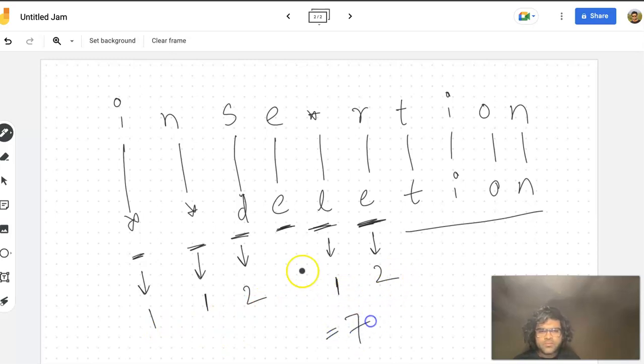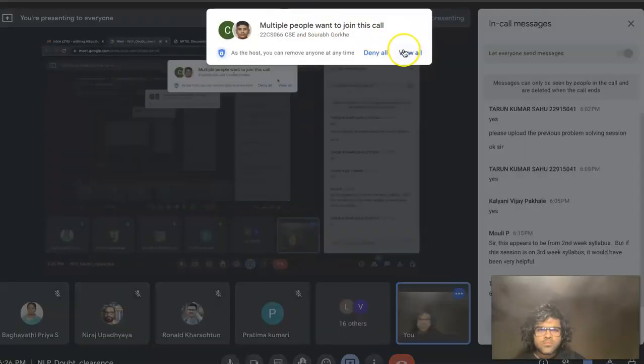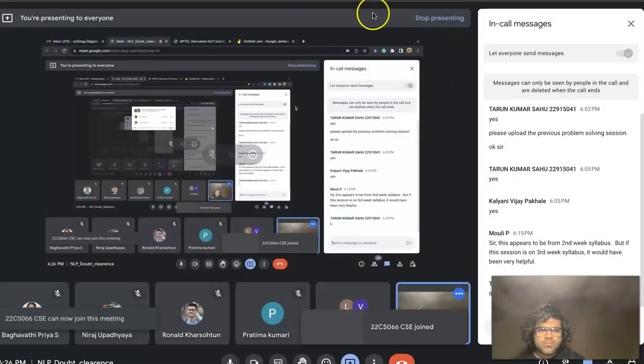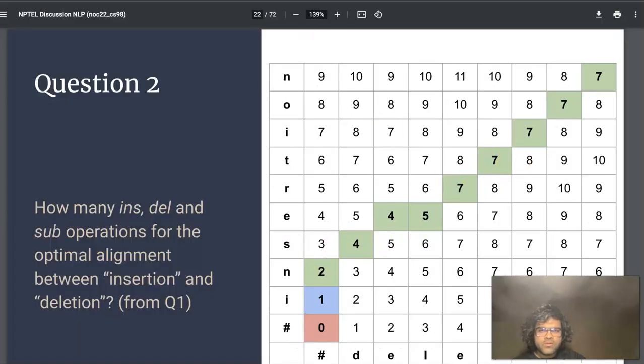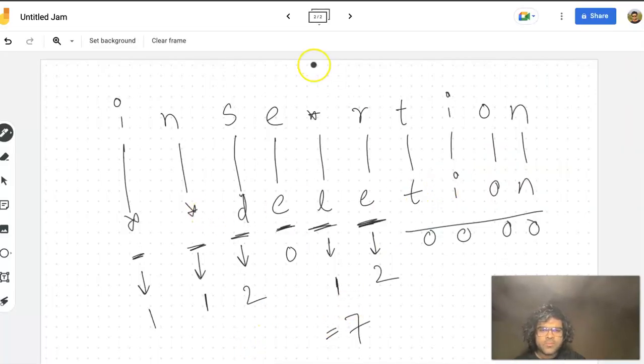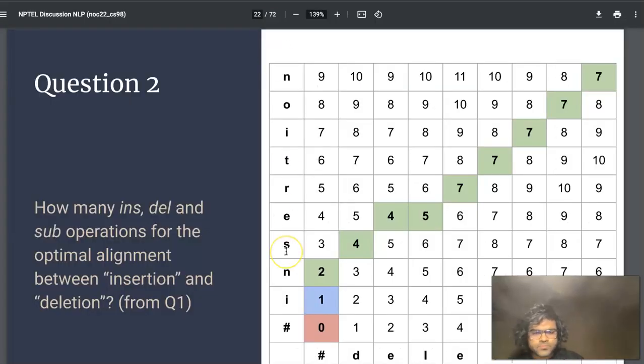So the total is 7. If you trace the values, you will find this pattern.